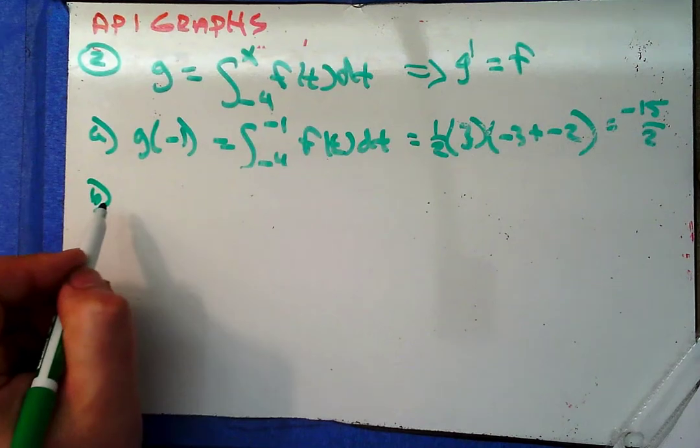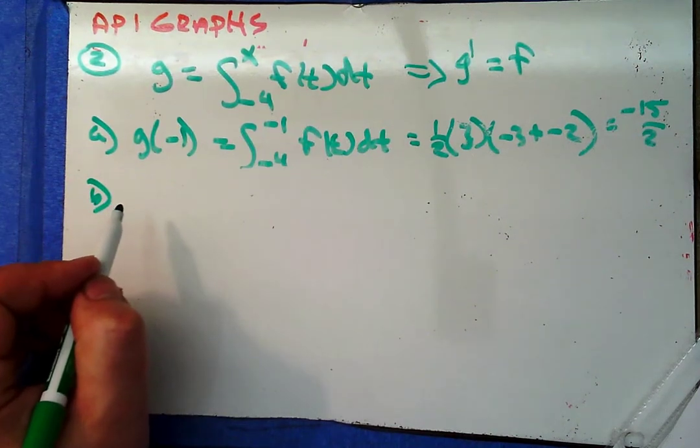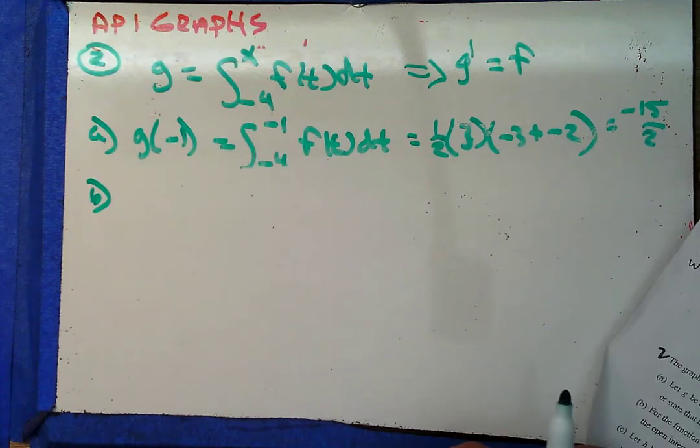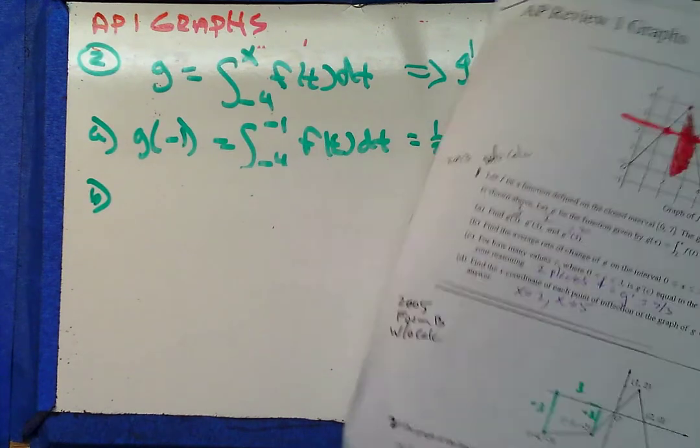Part B, we're told for the function g defined in part A, find the x-coordinate of each point of inflection on the graph of G on the open interval from -4 to +3.